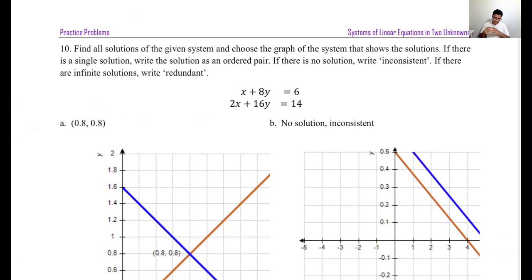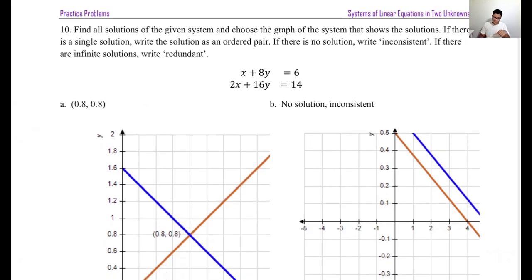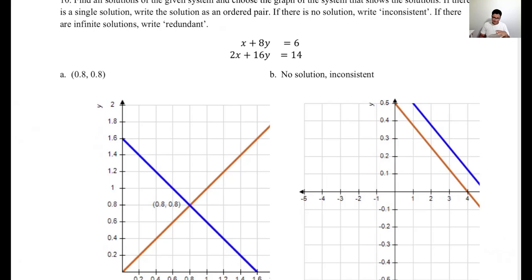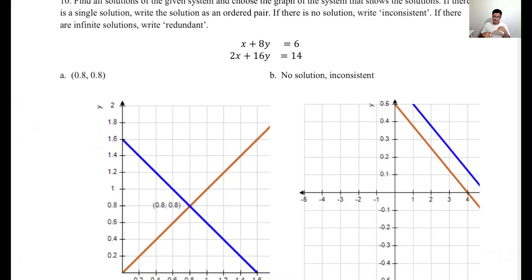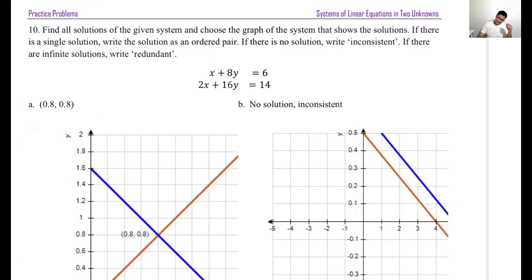So another system here, but this time on top of just answer options, you are also given graphs. Let us see. Do a similar analysis, and now you know it. So I don't want to spend much time on this. If you multiply by 2, basically do the operation 2R1, you get 2x plus 16y equals 12.